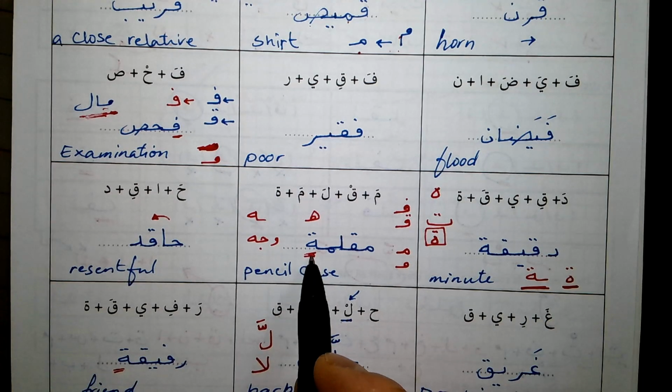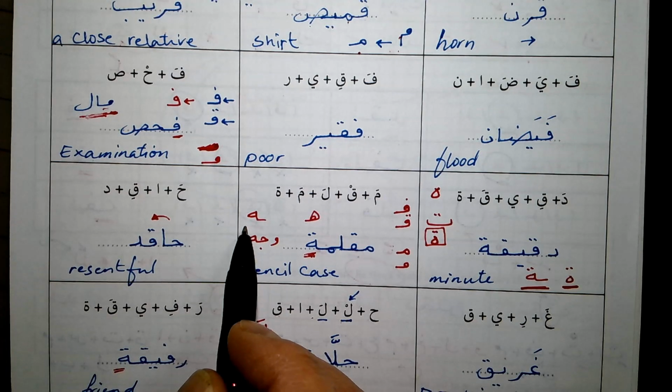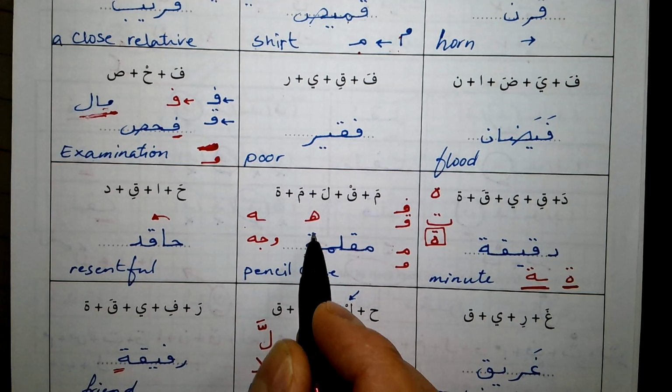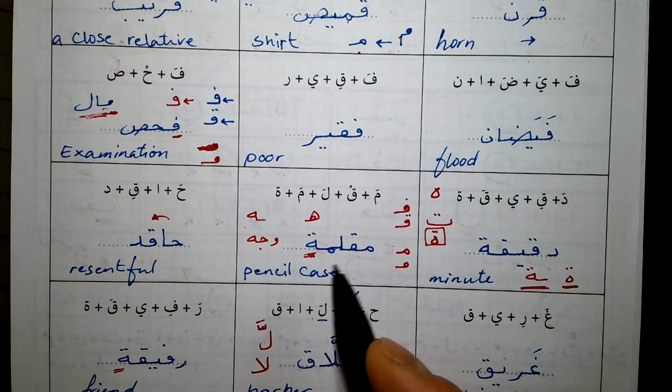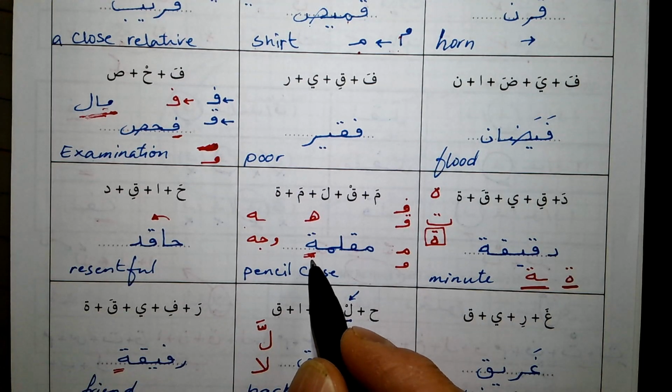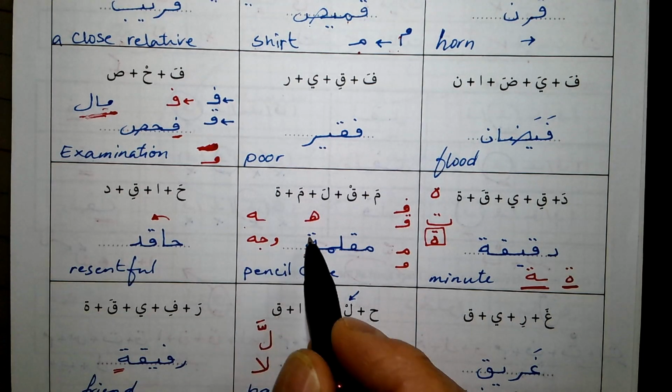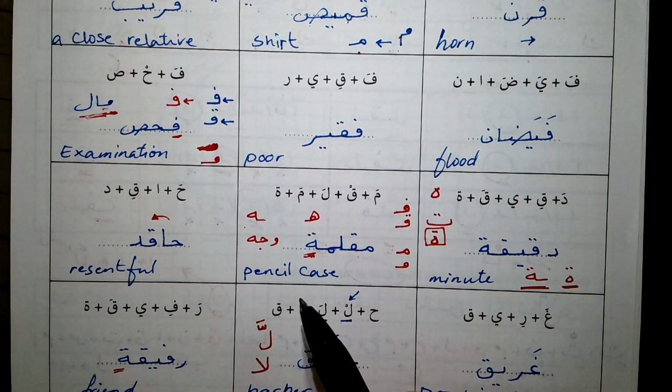This ta marbuta looks like ha, but it has two dots. And when we study ta marbuta later, we're going to see why it looks like ha, but it has extra two dots.